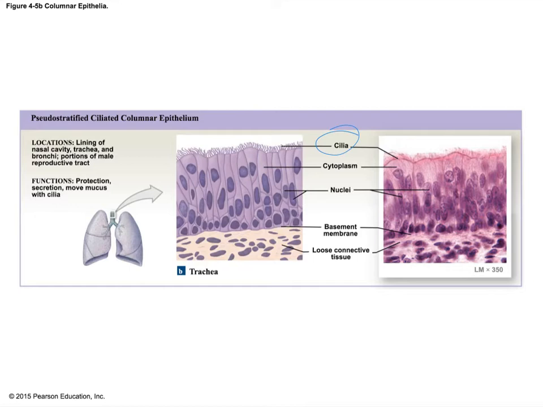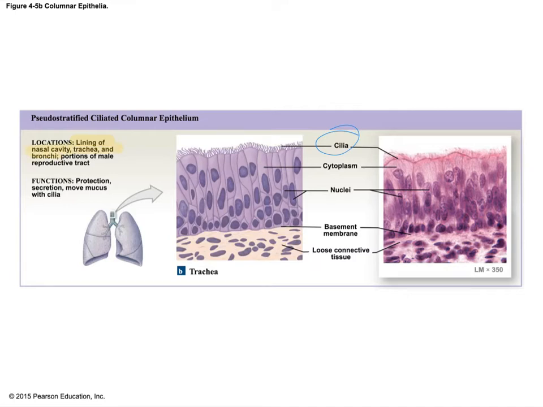But you'll notice the nuclei are all over here. They're not linear. And the cells themselves just take funny shapes. That's one way to look at it, and then looking at the cilia. Places where you'll find pseudostratified epithelium are the lining of the nasal cavity, the trachea, and the bronchi.